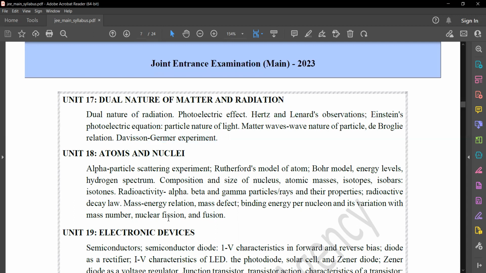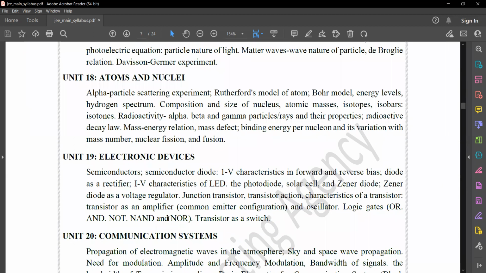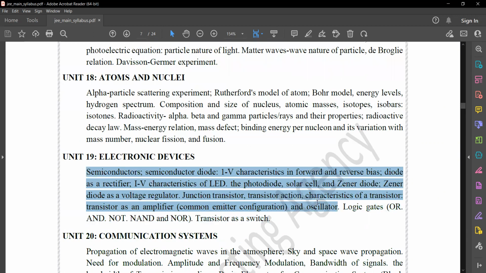Electronic devices. The electronic devices chapter is not there in the NCERT syllabus now. Communication system is not there either. Electronic devices, chapter number 14: semiconductor diode, I-V characteristics, forward bias, reverse bias, solar cell, Zener diode as a voltage regulator, junction transistor, transistor action.